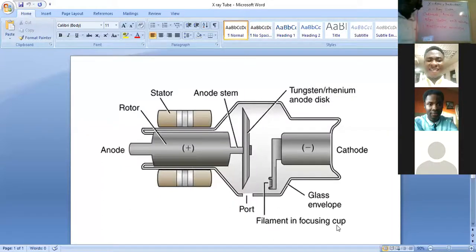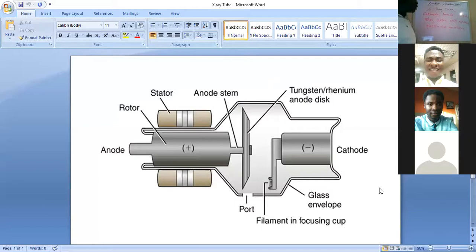So let's quickly look at some of these parts of the X-ray tube. This one is basically for a rotating anode. Of course, we have two configurations of the anode: the fixed anode and the rotating anode.